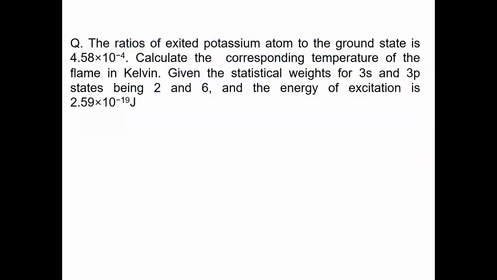The next question is a numerical type problem. You are given the ratio of excited potassium atoms to the ground state, that is Nj by N naught, which is 4.58 into 10 raised to minus 4, right? You have to calculate the corresponding temperature in Kelvin.